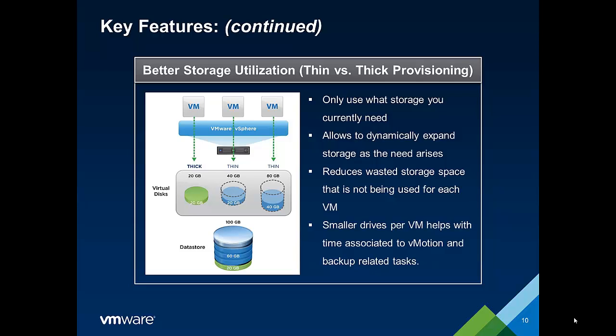But then again, instead of having to pre-allocate that 500 gigs for several virtual machines, we're telling it we only need 100. So now we're getting better efficiency and utilization of our hard drive space for our data stores. And we are now using smaller drives, so if we need to VMotion them or back them up, it's a smaller drive, and it can accomplish those tasks much quicker.